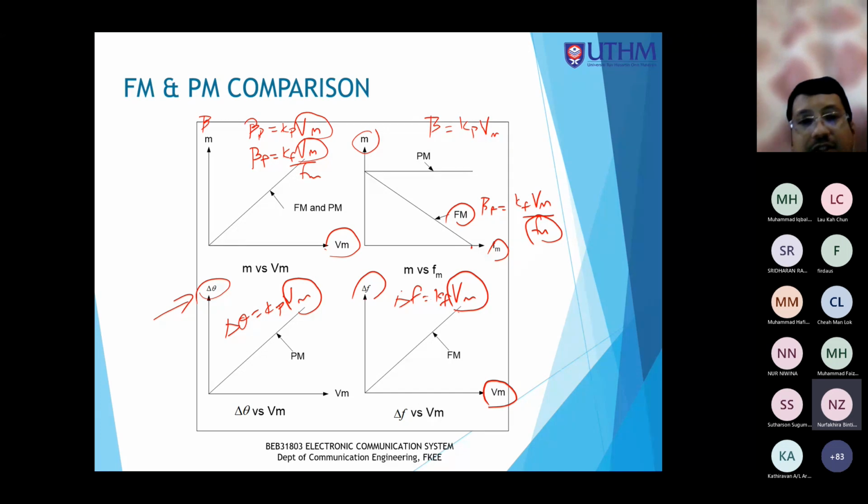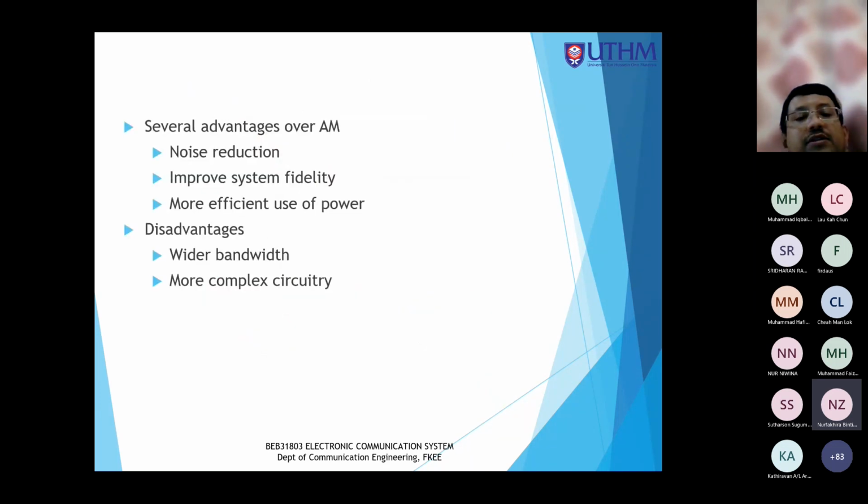Okay, so there are several advantages of FM over AM: noise reduction and improved system fidelity. Fidelity is related to the signal that is attenuated from the transmitter to the receiver.